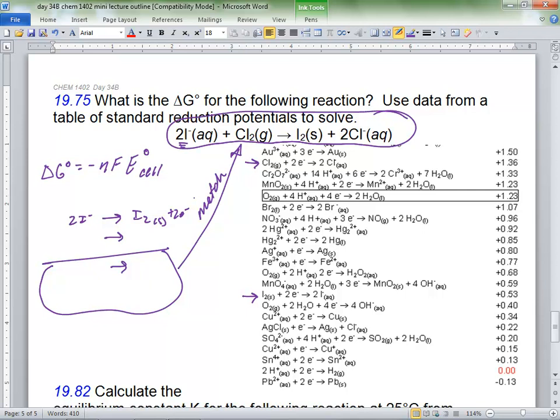Yeah, you got to flip it. Good. Negative 0.53 volts. So do the same for the next half reaction. Figure out what its voltage is. Add them up, get E0 cell.